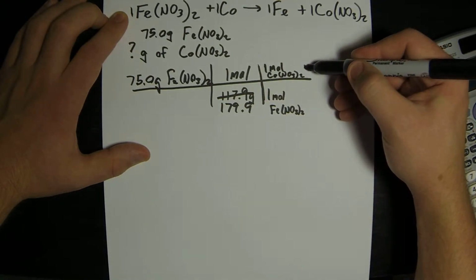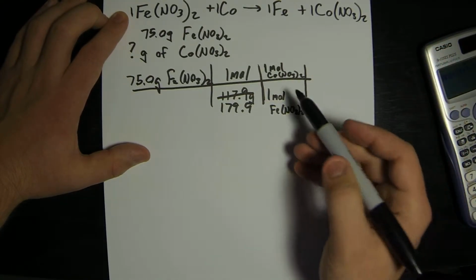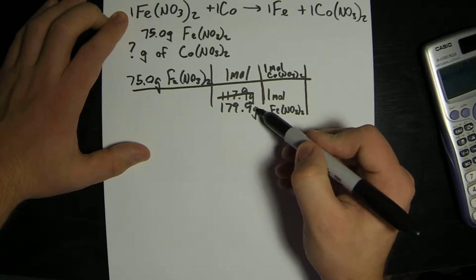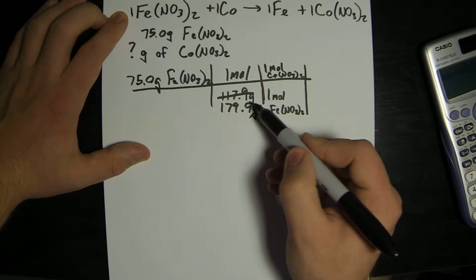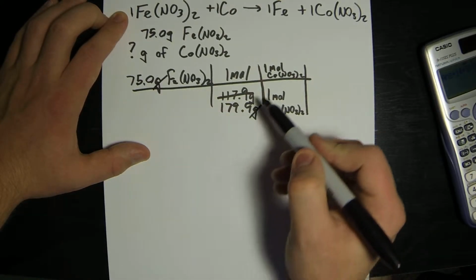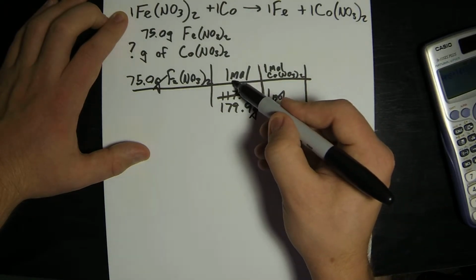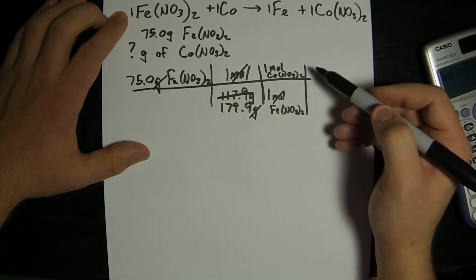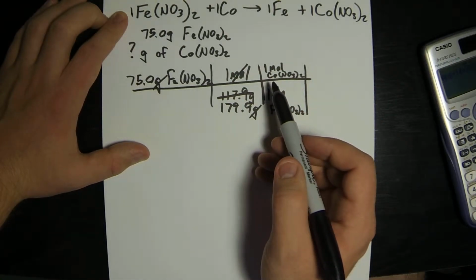So we just have a 1-to-1 ratio. Now, if we start canceling units, these grams go with those grams, and these moles go with those moles, and now we're left with moles of cobalt.